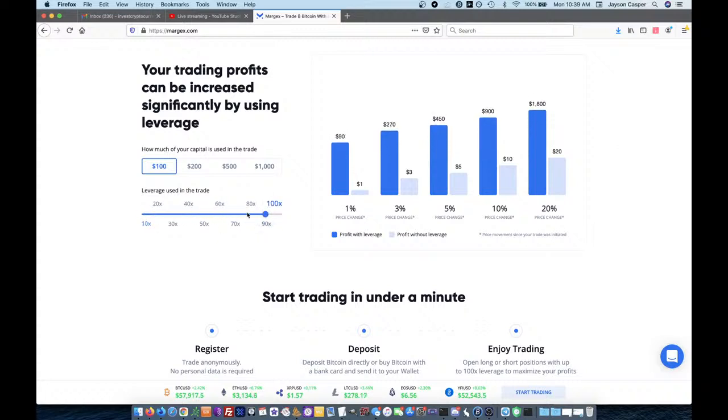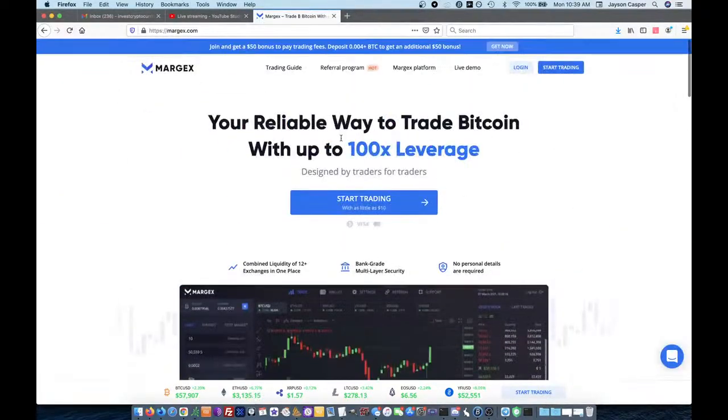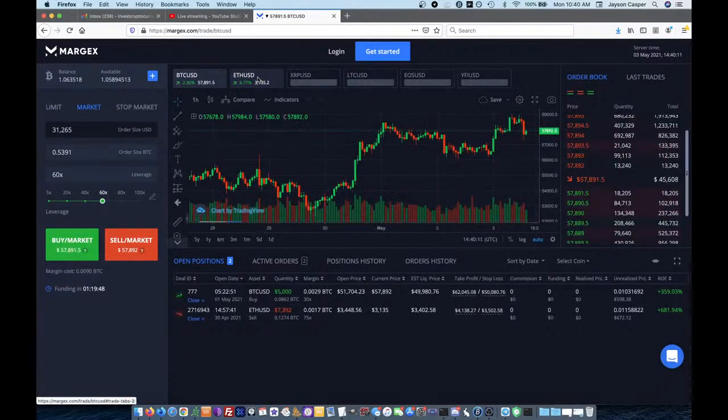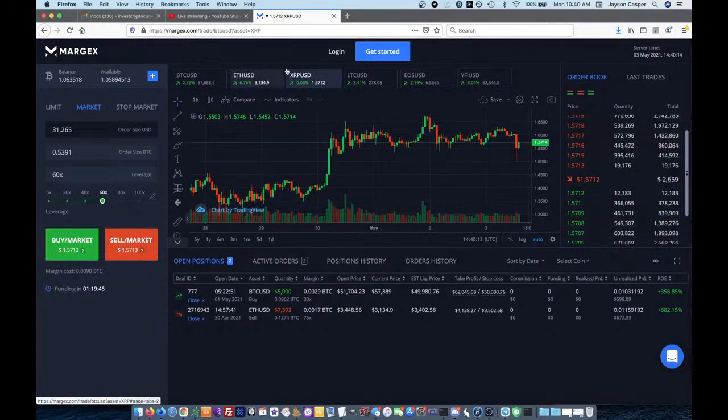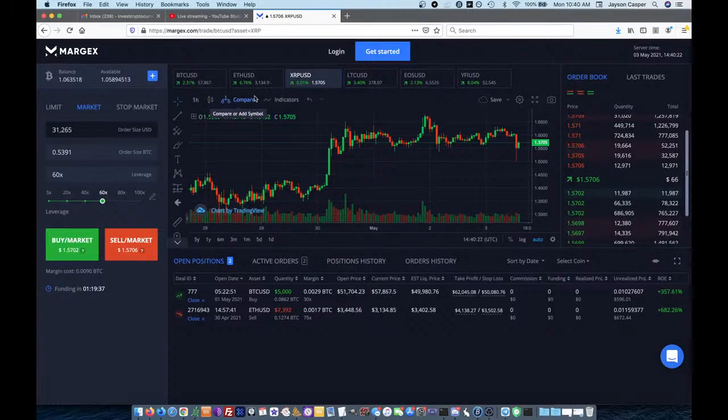And look, they have a little slider here to show you how much money you can make with 100x leverage. Ooh, with $100, you could make $2,000. Of course, they don't show you how much you could lose. But you can open up multiple longs, multiple shorts at the same time. And you only fund your account with Bitcoin. You can trade all these pairs. You can trade Ethereum, XRP, only with the Bitcoin in your account, which is pretty nice. You can long and short at the same time from the same account and have 2 different positions open. It's pretty cool.